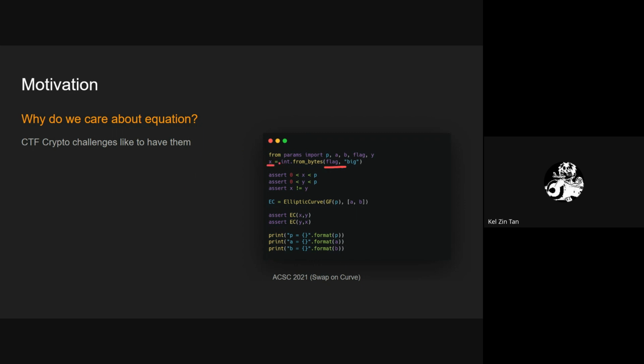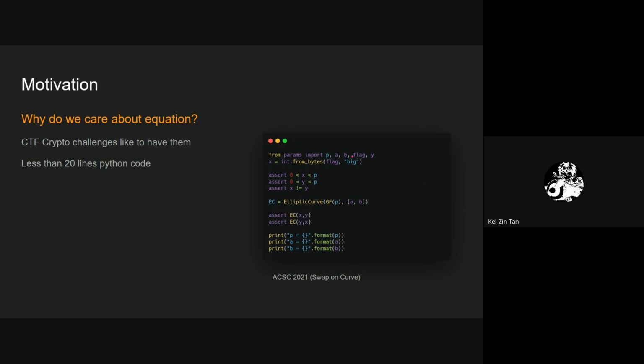So X is the flag. And then we initialize an elliptic curve. If you don't know what this is, it's fine. Basically we initialize the elliptic curve, and then we assert these 2 statements, and that's all. We print out all of them. This actually takes less than 20 lines of Python code.